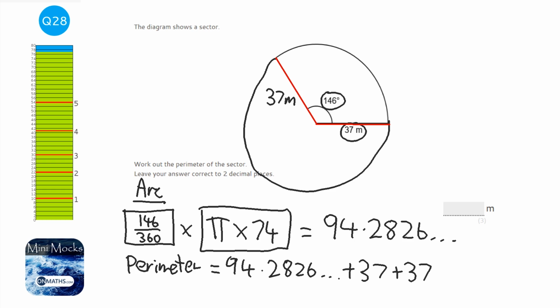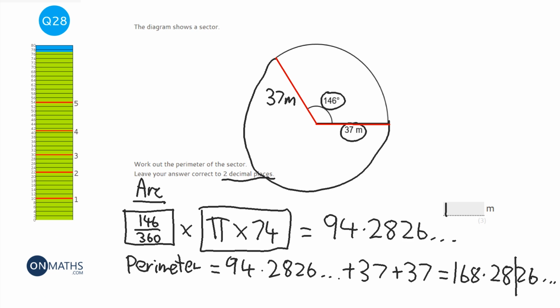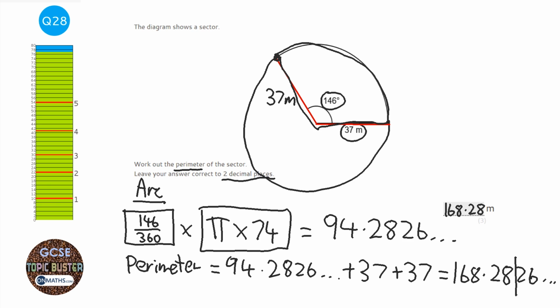So add 37, add 37, and that gives me 168.2826 and so on. To two decimal places, we've got 168.28. Now just be careful that you add on the extra bit. When it asks you for a perimeter, just make sure you've gone the total distance around the shape. Put a dot and just draw with your finger around the shape to make sure you've got all the distances.